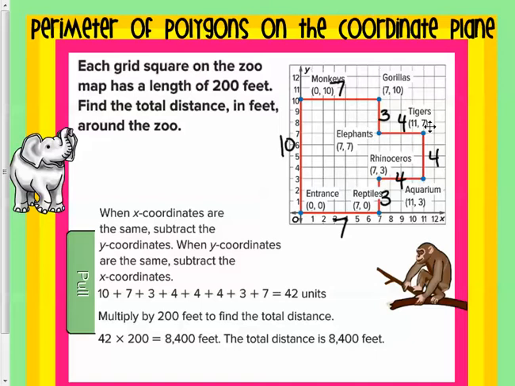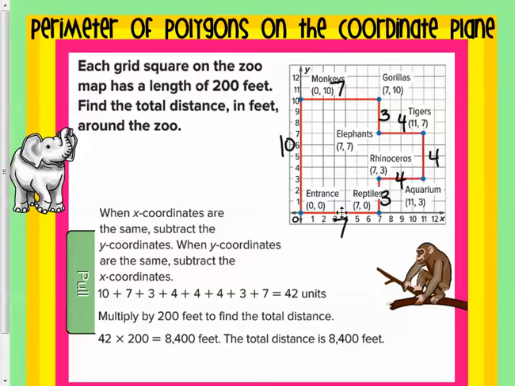If I look at the tigers, this is 11, 7, so I could take 7 and take 3 away and get 4. I could take 7 over here and 11, take 7 away from 11 and get 4. Take 10 right here, take 7 away and get 3. Take 7 here, take 0 away and get 7, and take 10 here and take 0 away and get 10. So you can do it either way.